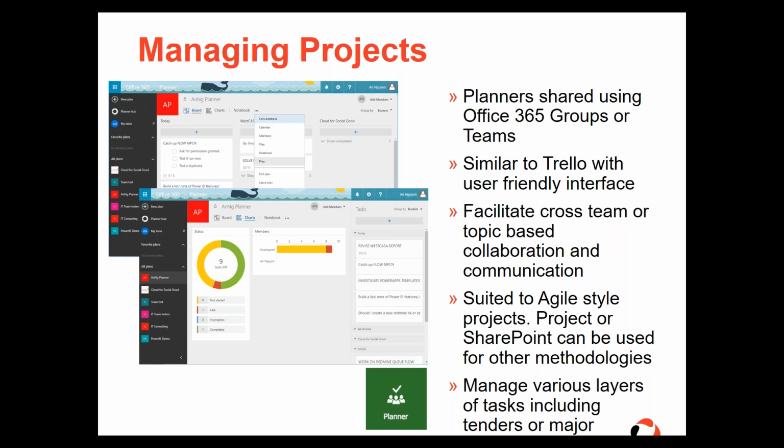If you're using an agile, Kanban board sort of approach to managing projects, then Planner can work really well. But if you want a really rigid Gantt chart and really complex dependencies, then something like Microsoft Project may be better suited. Whether you use them or not is up to you, but it's worth exploring.